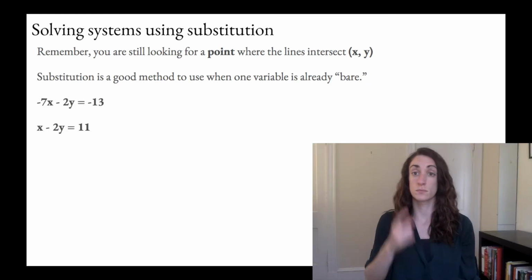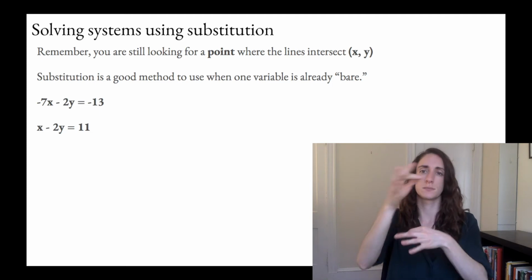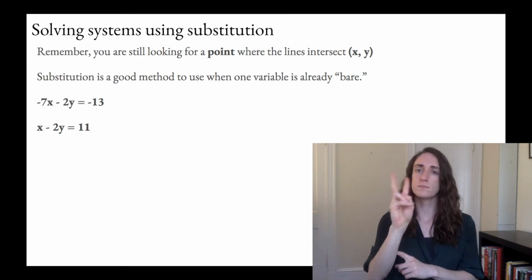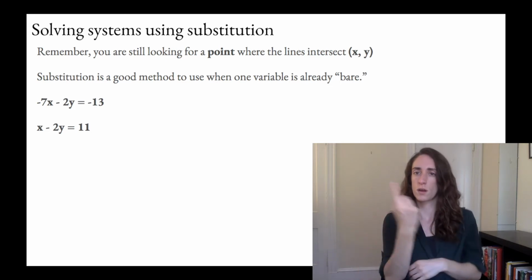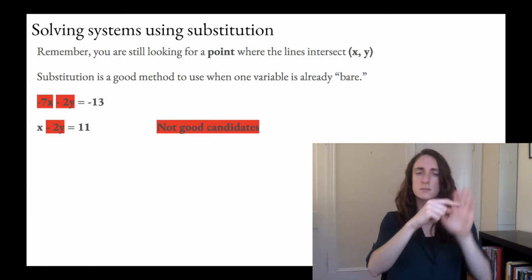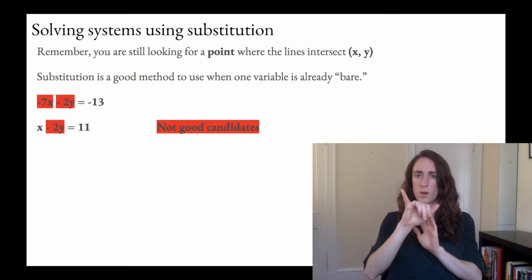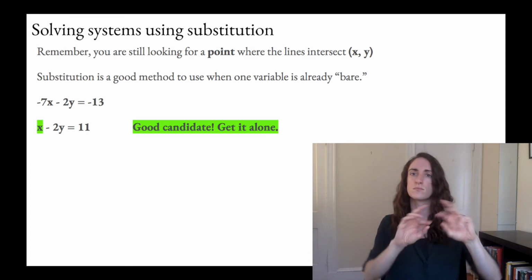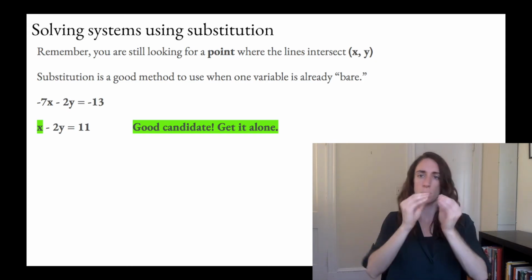So one algebra method that we can use is called substitution. And it's important to look for a variable, either x or y, that's already alone. So if we look at this system, we can see negative 7x, negative 2y, another negative 2y. Those are not good candidates for substitution because they have coefficients. But we have this one x that's already by itself, just positive 1x.